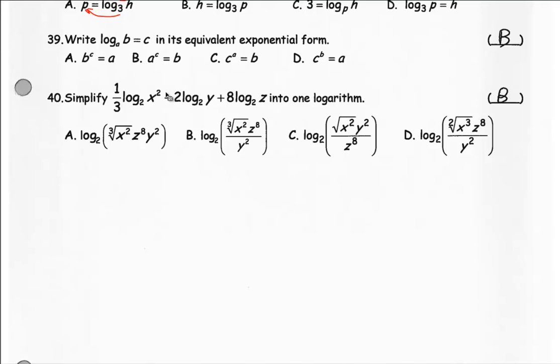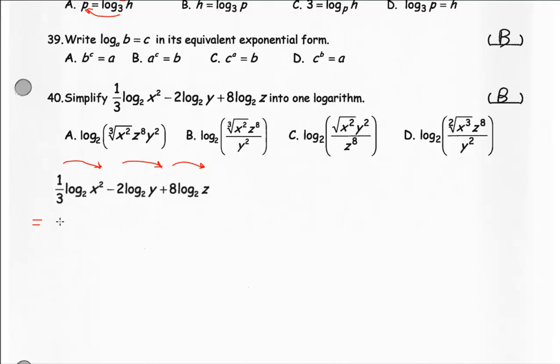And let's do this kind of official here. Okay, so we're evaluating this. The first thing that I would do is bring this 1/3 up as a power of the x squared, and the same with the negative 2, power of y, and the 8 is a power of z.